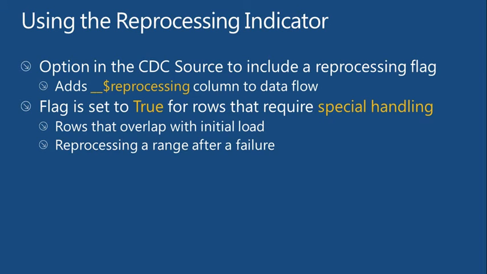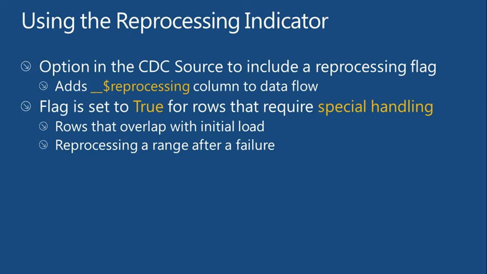And that's going to be set to true if there's any potential that the change overlaps with your initial load, like if it's close to your initial load times, the initial load LSNs. That way you can do special error handling, special processing. So for example, if the reprocessing flag is set to true and it's an insert and you're getting a primary key error, that probably means you processed that row already and you can ignore that issue.